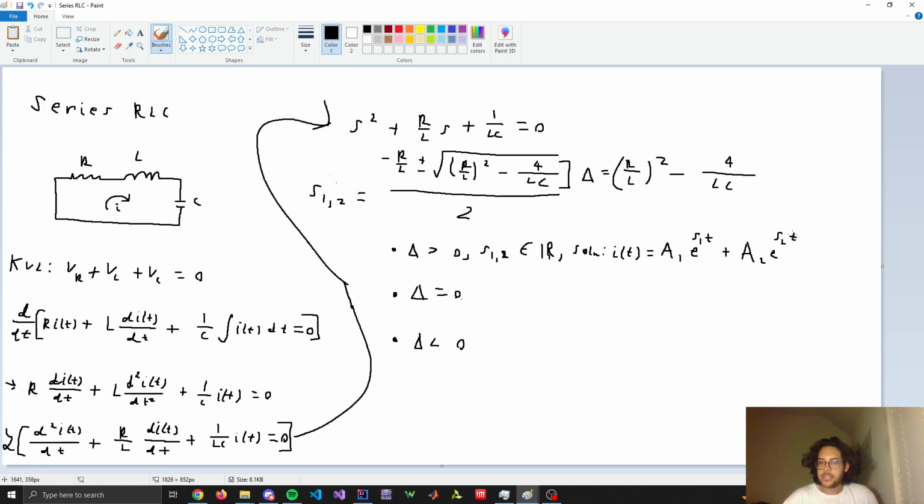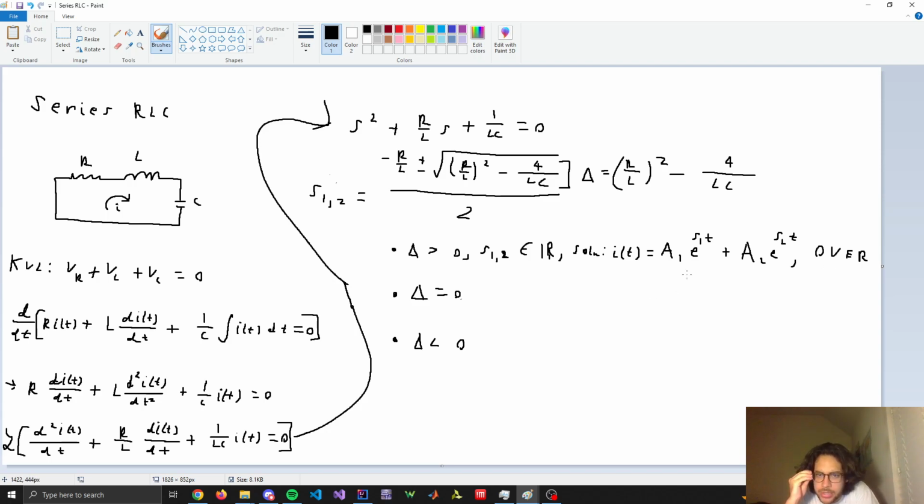So this is the case and the solution when delta, or the discriminant, is greater than 0. It's called overdamped. I'll explain what damping is, it's a concept in second order circuits, after I explain the solutions. So this is called overdamped.